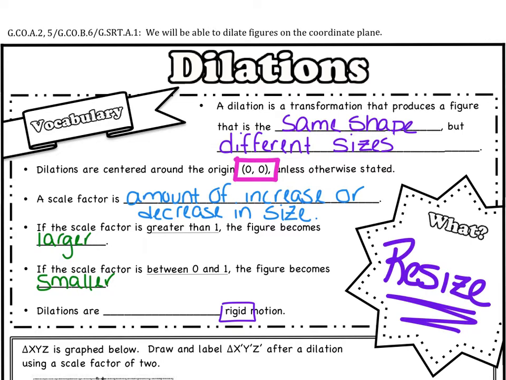The definition of a dilation is that we are making the figure bigger or smaller. So we can definitely say that a dilation will never be rigid motion because we are changing the size of the figure. Although we are maintaining the shape of the figure, the size is changing, so it is no longer rigid.